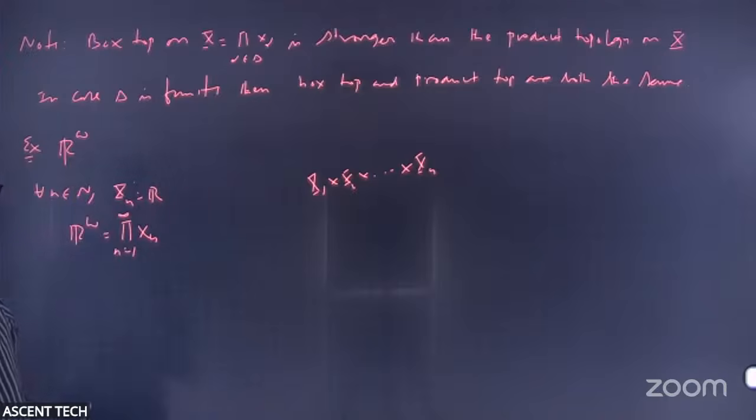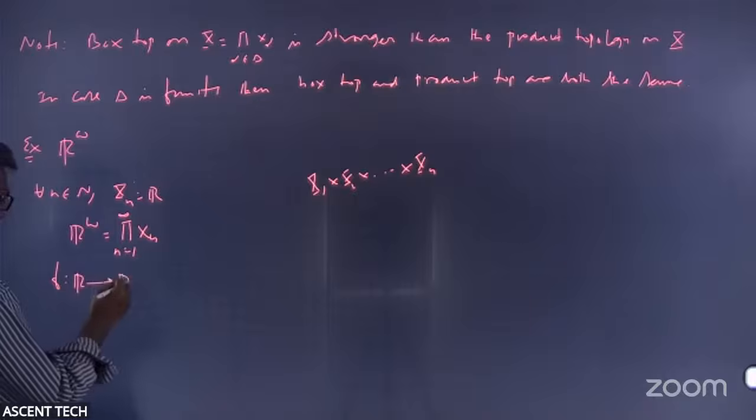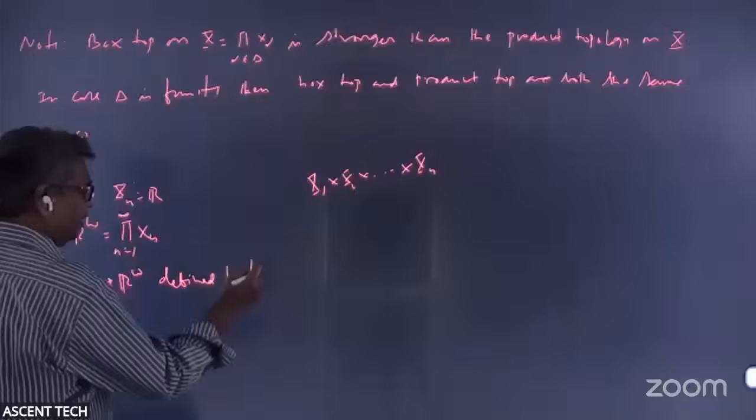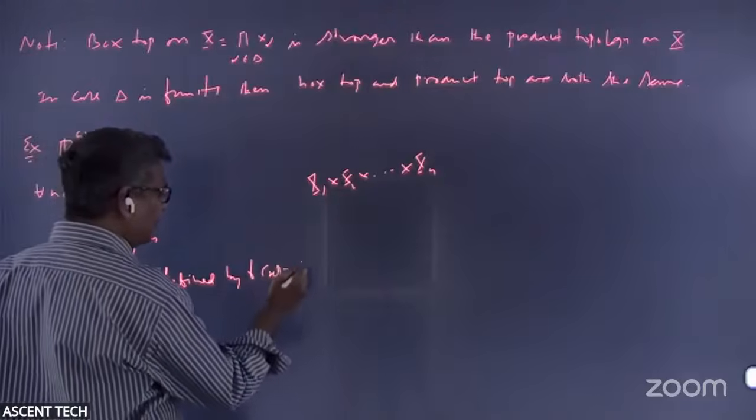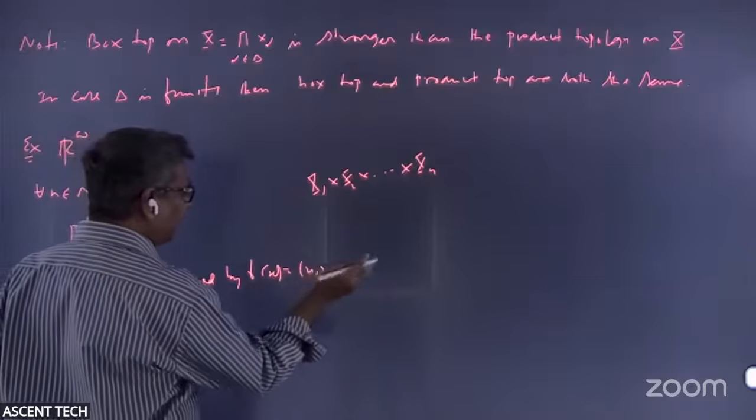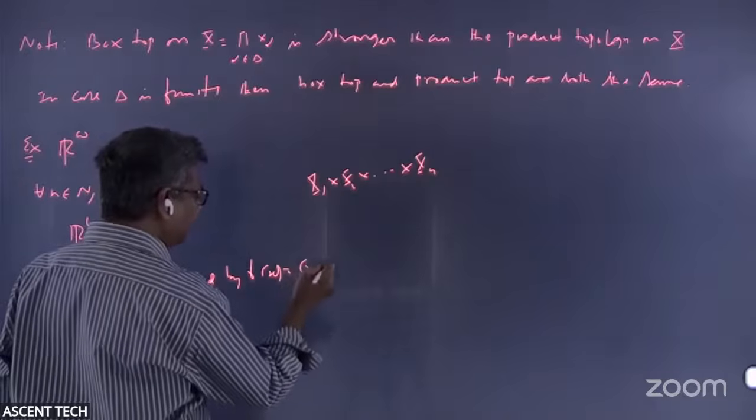And if I look at the function f from R to R omega defined by f of x equal to x, x, x forever, all components are x.